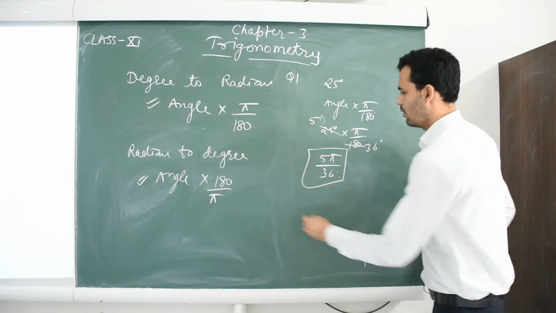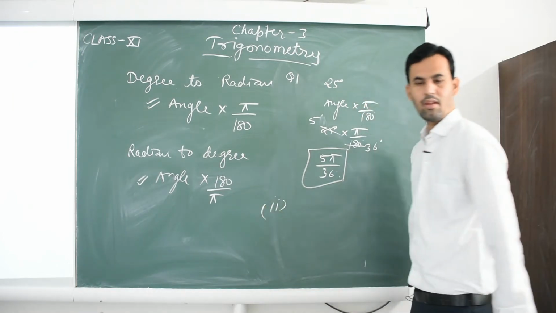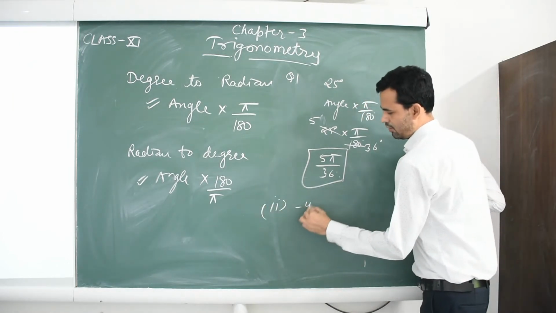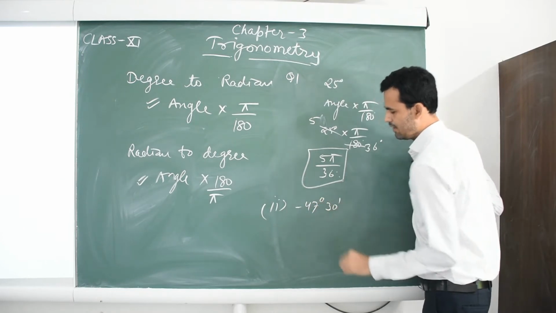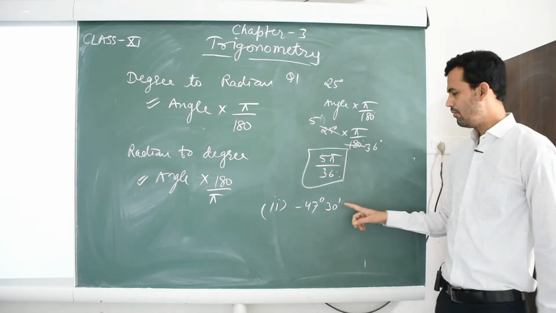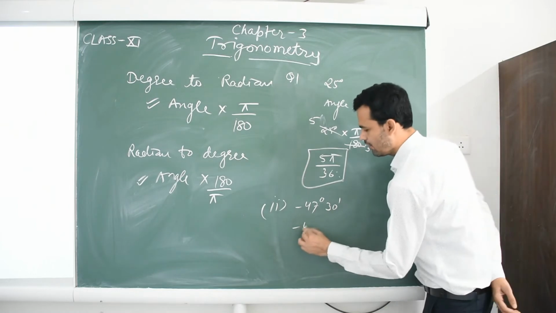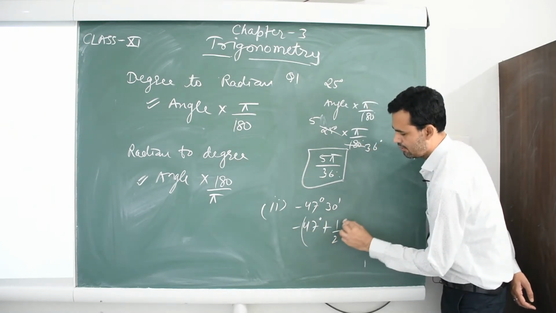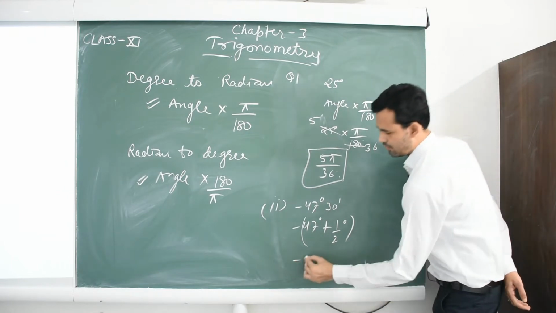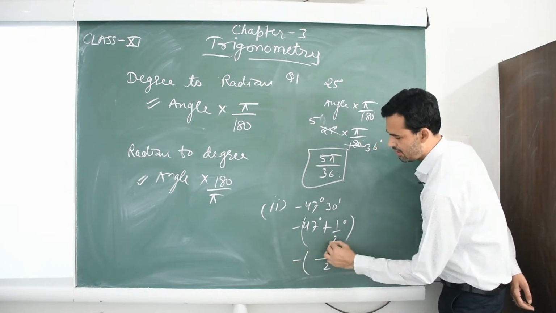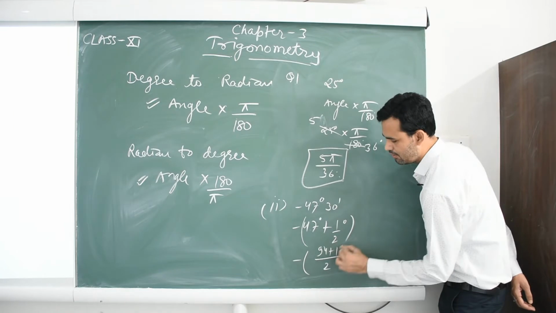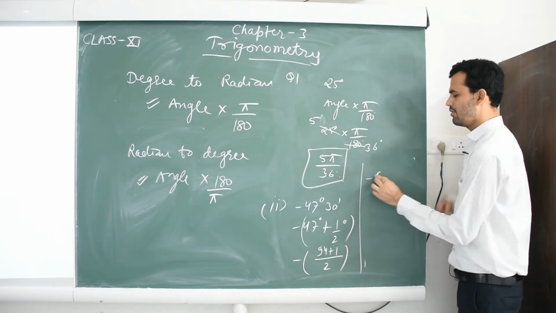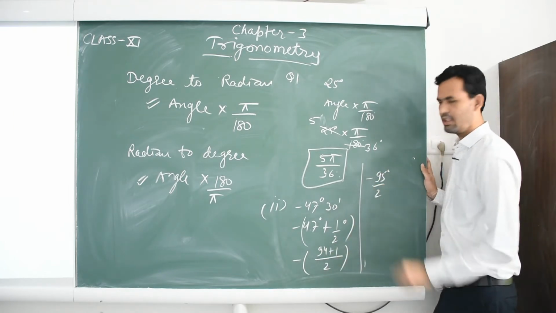Okay, second question. Minus 47 degrees 30 minutes. This sign is for minutes. 30 minutes means half a degree. So the measurement of the angle, with LCM 2, is minus 95 upon 2 degrees.